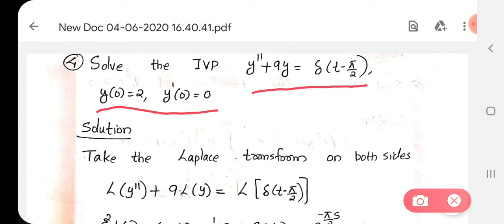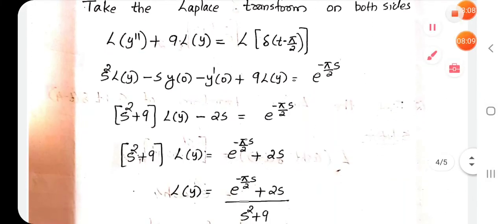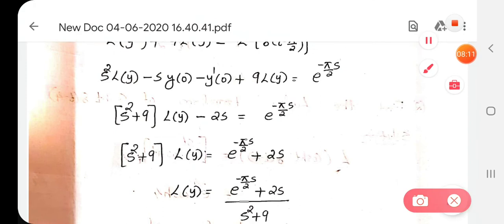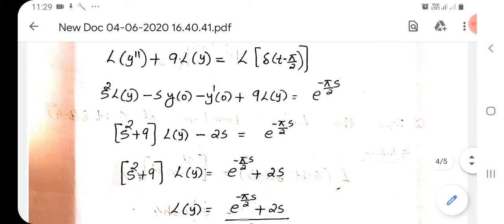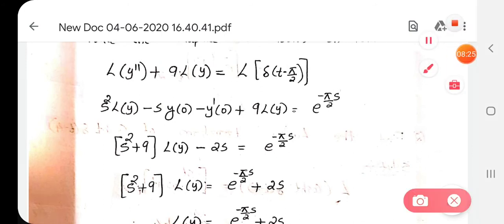For solving this type of initial value problem, you take the Laplace transform on both sides. That is L of y double dash plus 9 into L of y equal to L of delta t minus pi by 2. We know that the Laplace transform of y double dash is s square into L of y minus s into y of 0 minus y dash 0, plus 9 into Laplace transform of y equal to Laplace transform of delta t minus pi by 2.